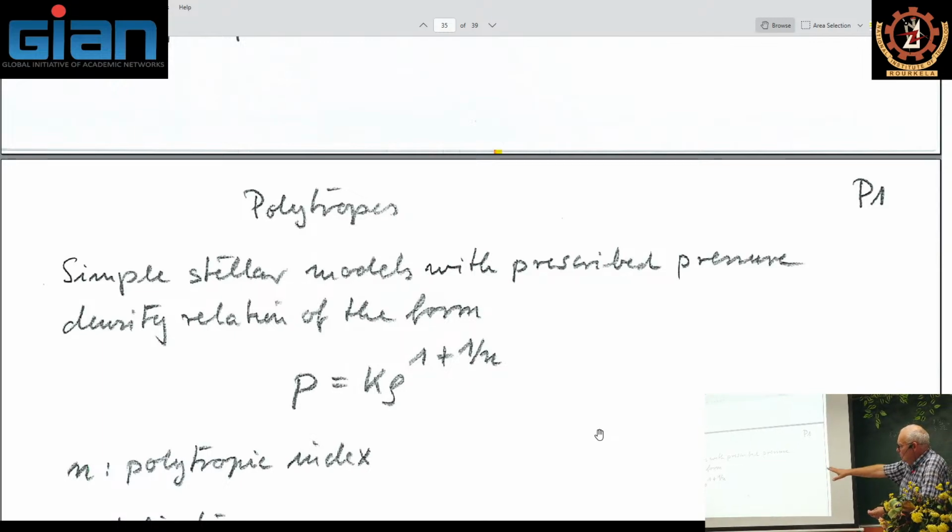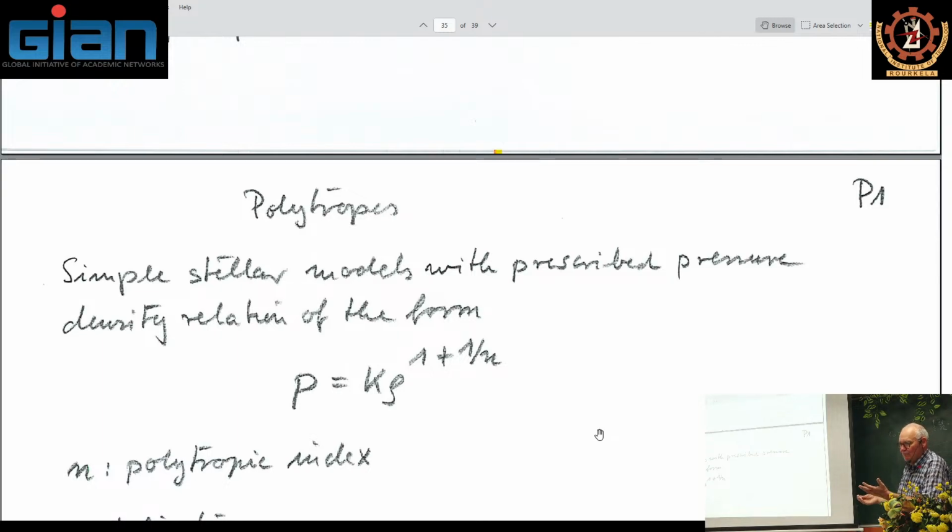What we do once we assume a pressure-density relation, what is achieved then? What about energy transport? What about the energy equation?